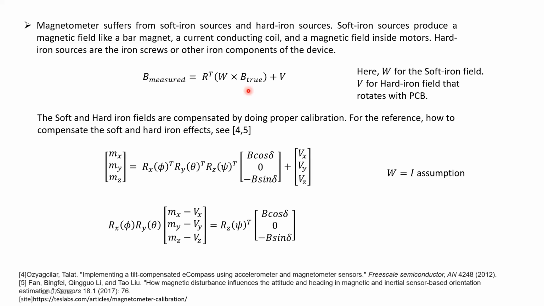So that is called the soft iron effect. And let's say you have some iron screws in the drone, or any screw kind of thing. That will also affect the magnetometer measurements. So that we call the hard iron effect. Those are represented with W and V. V is the hard iron effect, and W is the soft iron effect.